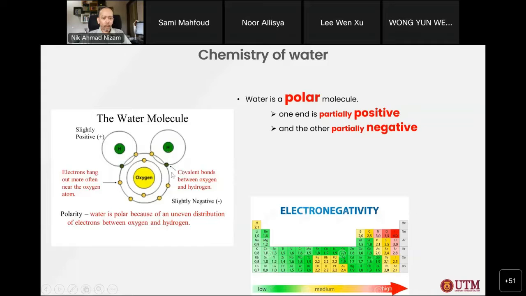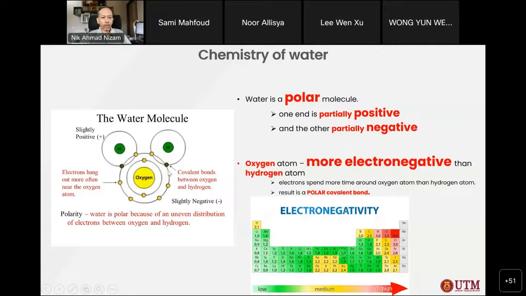So there is a difference between the charge, one is slightly positive and another one is slightly negative. So the whole water molecule is polar, berkutub.